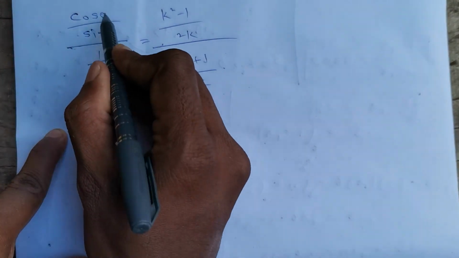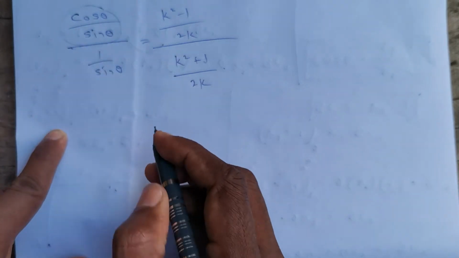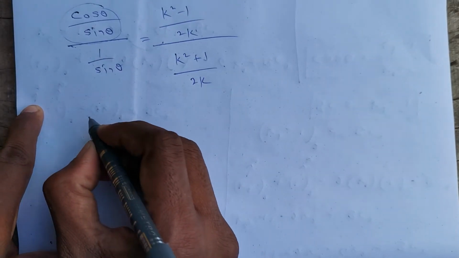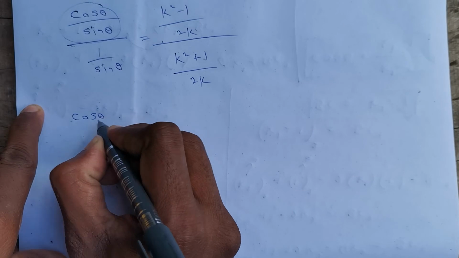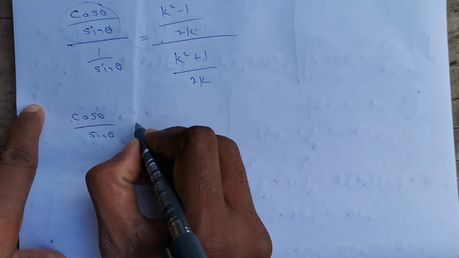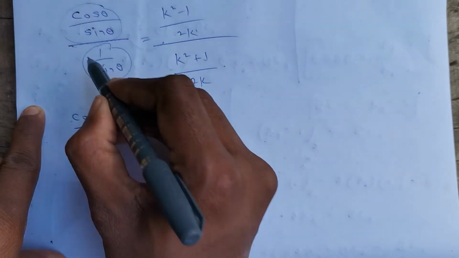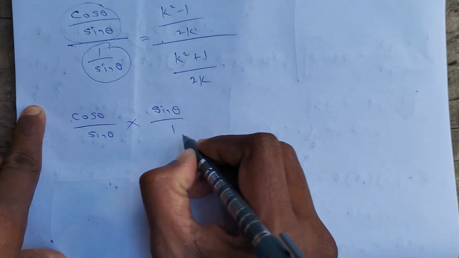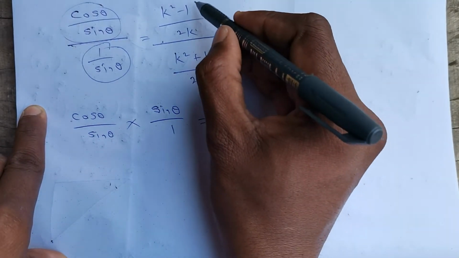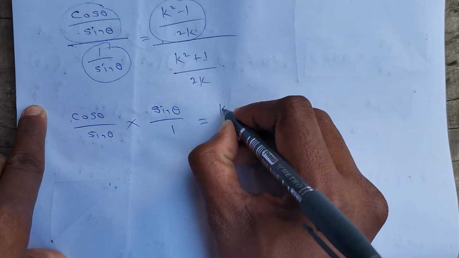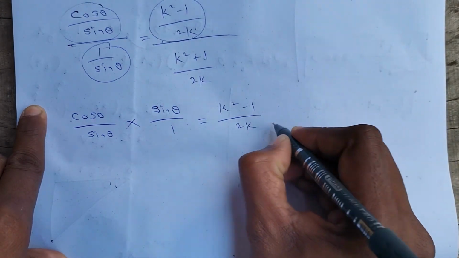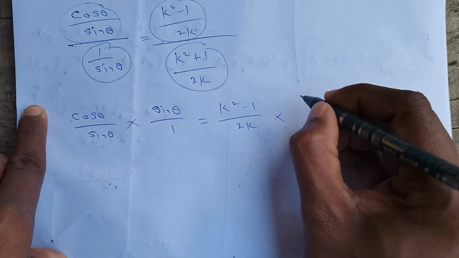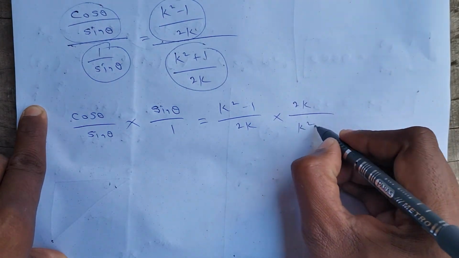Here this total numerator write as it is, cos theta by sin theta into make this reciprocal. So 1 by sin theta reciprocal is sin theta by 1, which is equals to, write this total numerator as it is, k square minus 1 by 2k into make this reciprocal, 2k by k square plus 1.